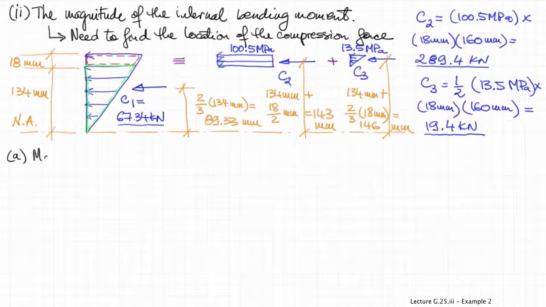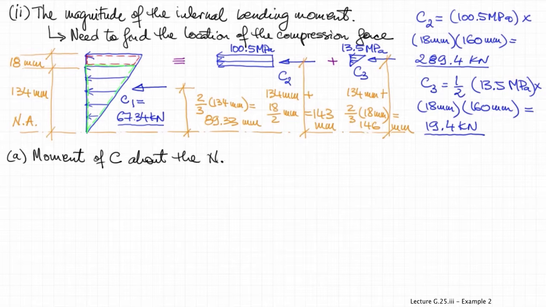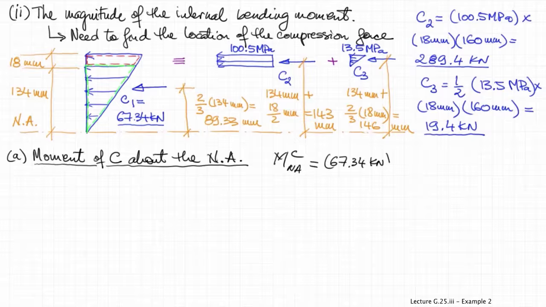So we know all these three forces that together make the total compression force. Now we can calculate the moment of the compression stress block about the neutral axis by summing the moments of all these forces with regard to the neutral axis.